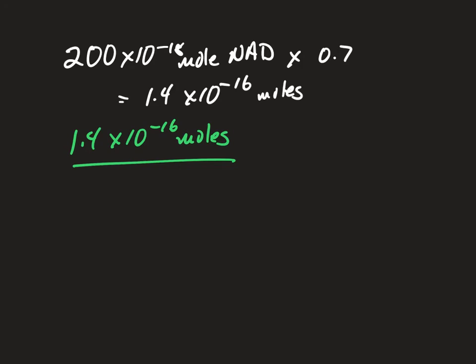If we take that 1.4 times 10 to the minus 16 moles and divide that by our total volume of mitochondria, which would be 4.418 times 10 to the minus 16th liters, doing it that way, you end up with 0.317 molar, so about 0.3 molar concentration of NAD in the mitochondrion.